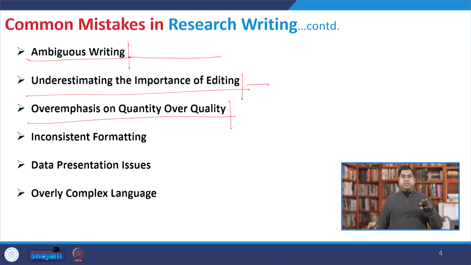It is not that we just put in all the graphs and all the tables which we don't explain, assuming that the reader will understand everything. Whatever is very relevant to your paper, that you need to pick up. How to take a call on it? Definitely, as a young researcher, you may get confused.